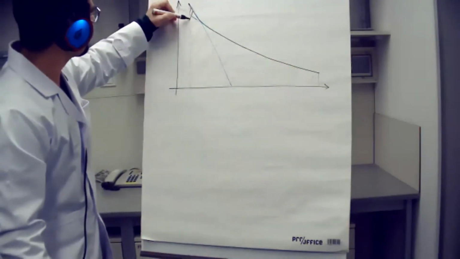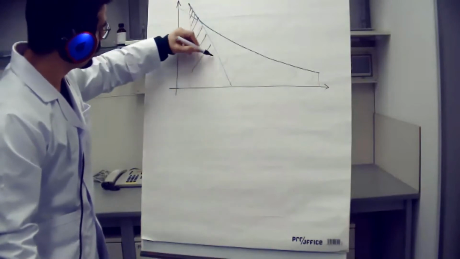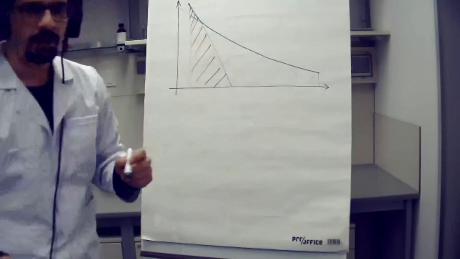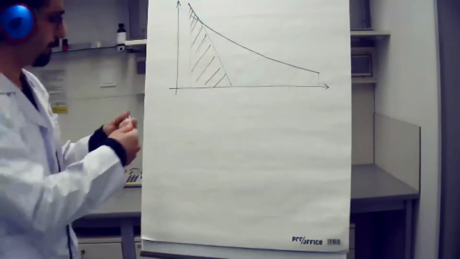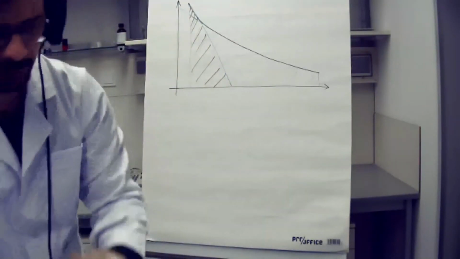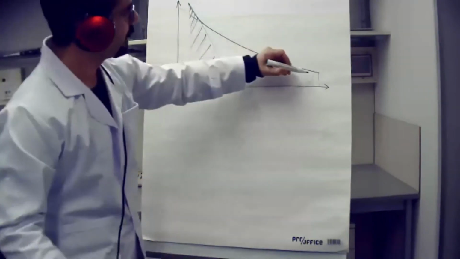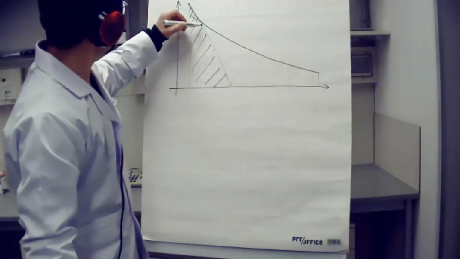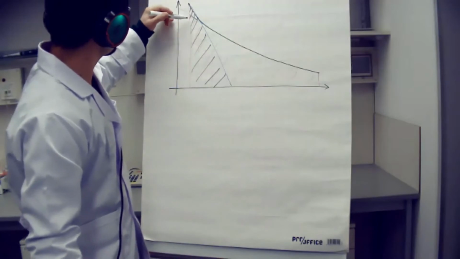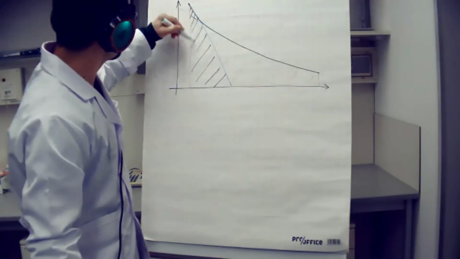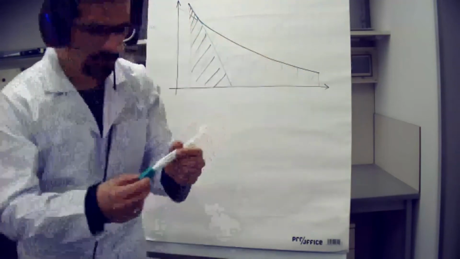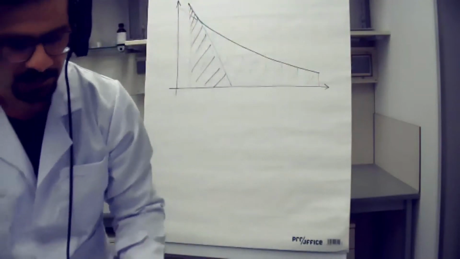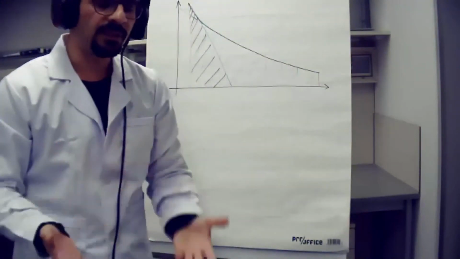The area below this curve would be the intensity associated with the short lifetime, and the green one, the area under the curve that belongs to the long lifetime, resembles the intensity associated with the long lifetime.